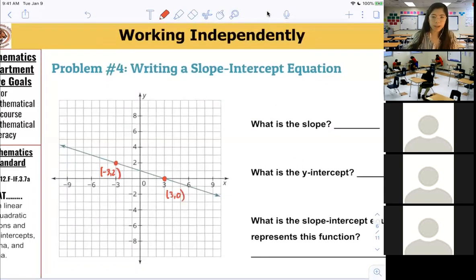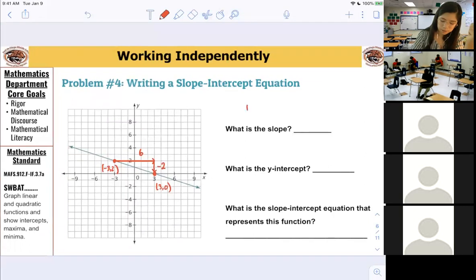I'm going to find my rise and my run. So here I would go to the right. And I see that that's 1, 2, 3, 4, 5, 6 units to the right. And then down, and since I'm going down, what's that going to be? A negative, exactly. So it's 2 units down, so that would be -2.